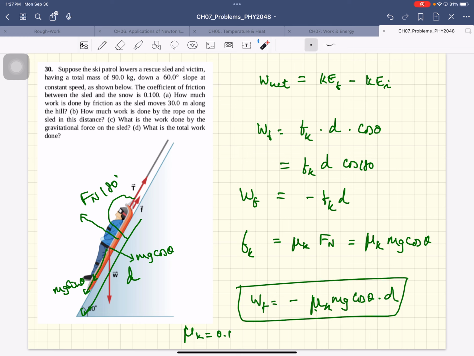They gave you mu k. We know the mass of the object, person and sled. G we know, theta we know, d we know.